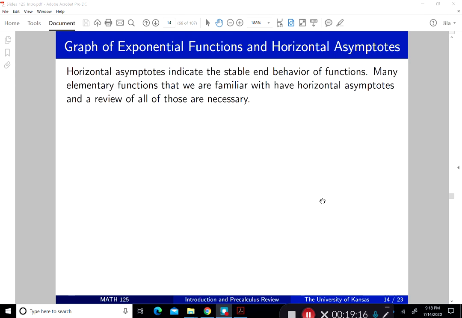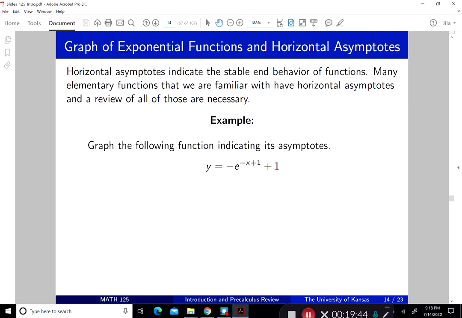One nice property of exponential functions is that many of them have a horizontal asymptote. And so the discussion of horizontal asymptotes when exponentials come in is always a necessity to understand the model of mathematics that you're using. So let's do an example for that.